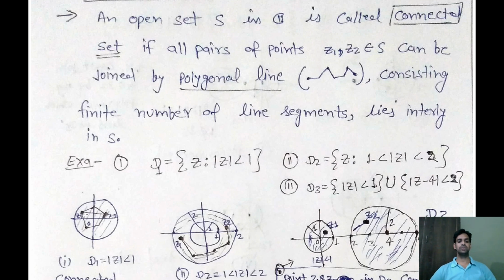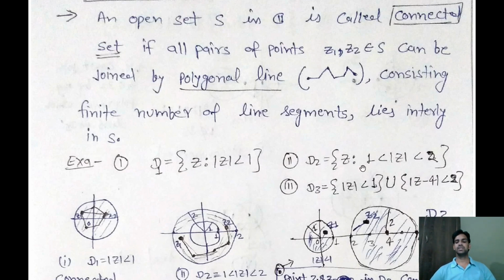Now we can join both points either by a line segment or by a polygon line, this way, this and this way. Also we can join by this polygon line. See, this polygon line contains a finite number of line segments and this polygon lies entirely in this set. So this open set is called a connected set.